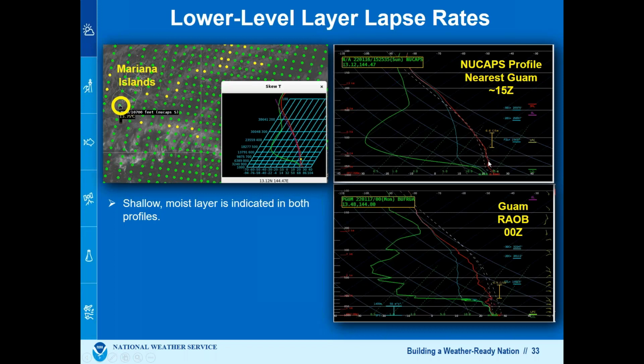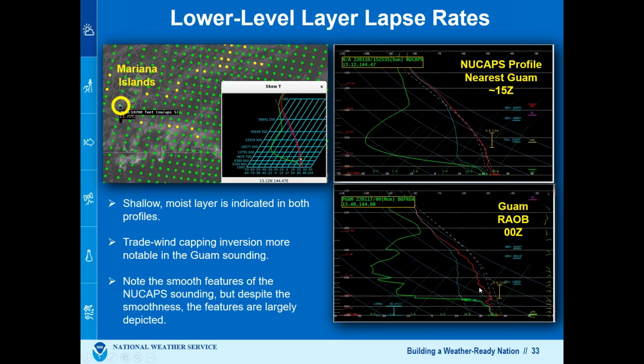Not quite as readily apparent, but that could also be related to the time of day, 15Z, which is 1 a.m. local, versus the 10 a.m. local RAOB. The features are largely preserved, and you can see that very dry layer. So it's definitely more notable in the actual balloon sounding, but ultimately you can still make out the same features.